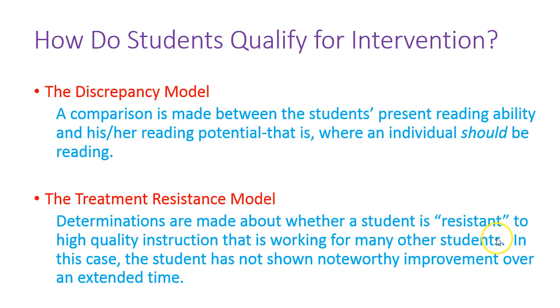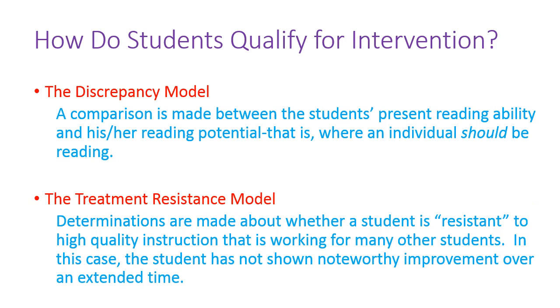So how do we identify whether these students are going to qualify for reading intervention? There are two general models that are usually used for identifying students, the first one being the discrepancy model. With the discrepancy model, a comparison is made between the student's present reading ability and his or her reading potential, or where that child should be reading.